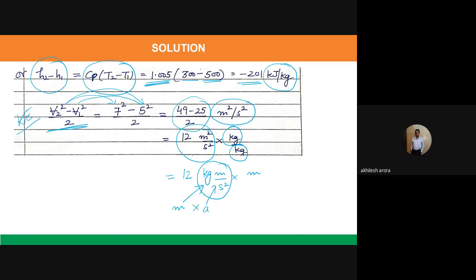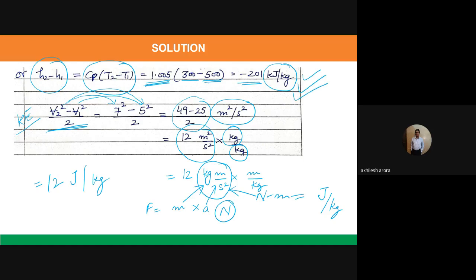So this term is Newton meter, and Newton meter is joules. So the answer is 12 joules per kg, I had forgotten the kg here. Whereas here it is minus 201 kilojoules per kg, so I have to convert this value to kilojoules. Divide by 1000, so it becomes 0.012 kilojoules per kg.